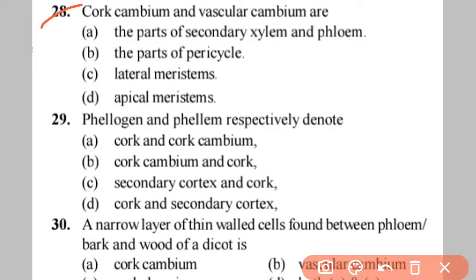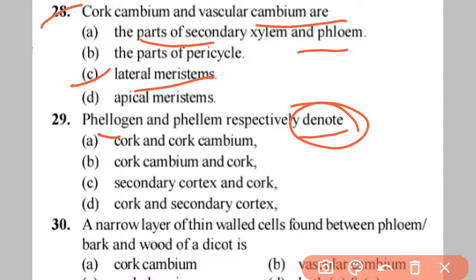The question is, cork cambium and vascular cambium are the parts of secondary xylem and phloem, pericycle, lateral meristem or apical meristems. Basically cork cambium and vascular cambium are a part of lateral meristems. Option C is correct. Now the next question is, phellogen and phellem respectively denote.